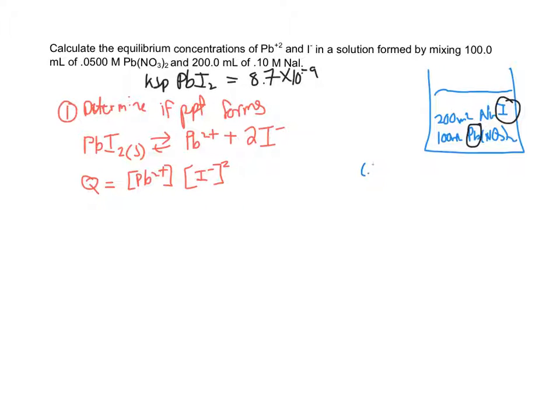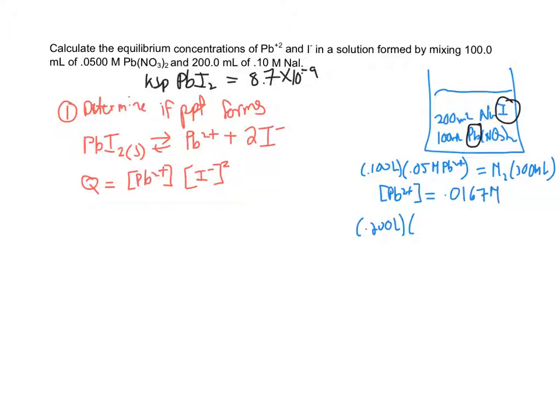So I have 0.100 liters times 0.05 molar of the Pb2+ is equal to M2 times 300 milliliters. And the Pb2+ concentration right now is equal to 0.0167 molar.